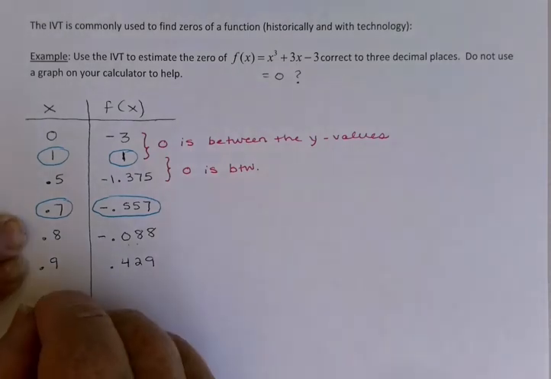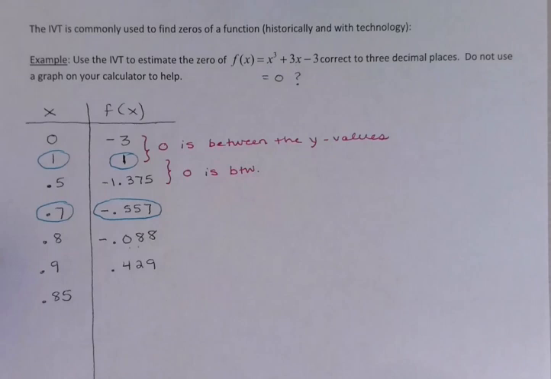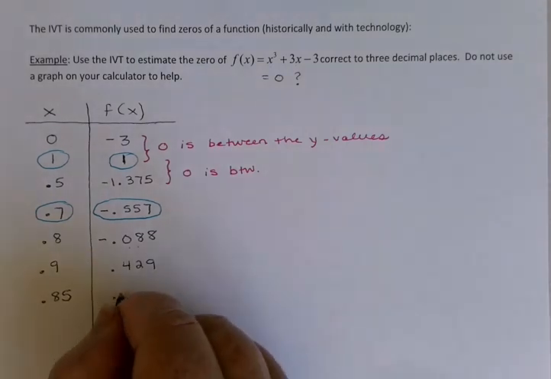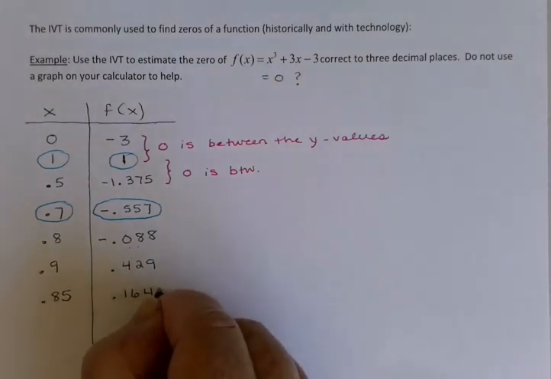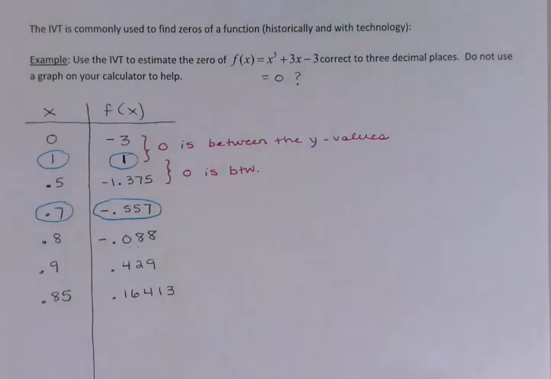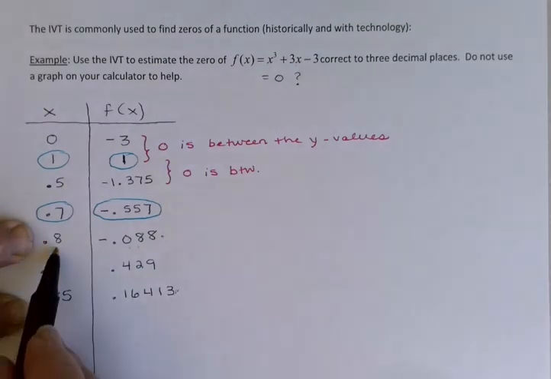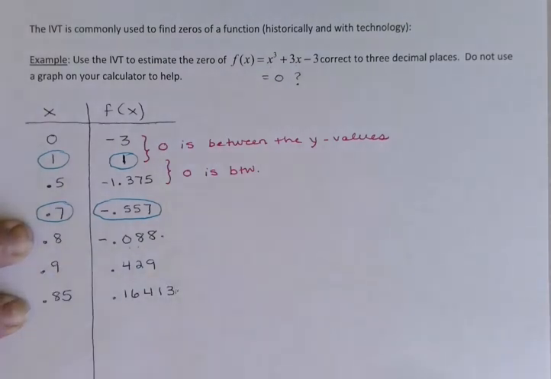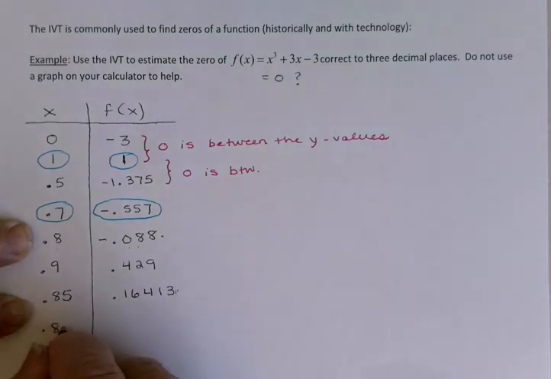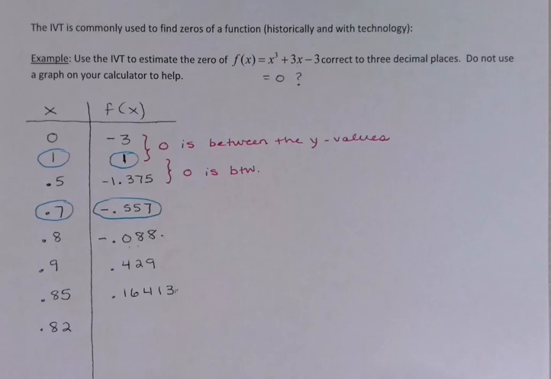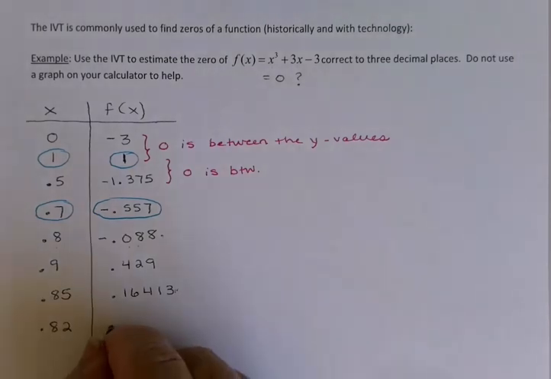I am going to try 0.85. I get 0.16413. Negative to positive, 0 is in between here and here, so let's go between 0.8 and 0.85. Let's try 0.82. Plugging that in gives me 0.01137.